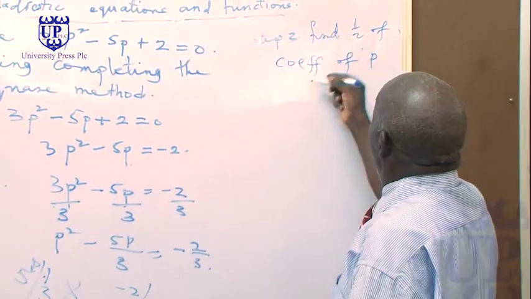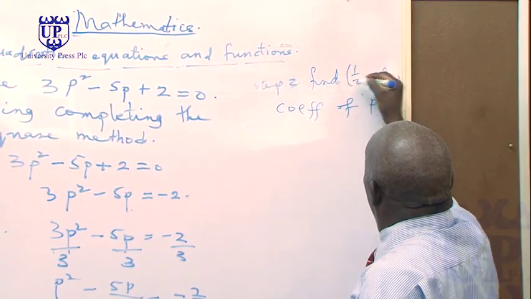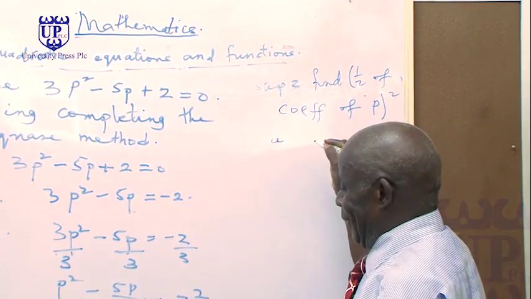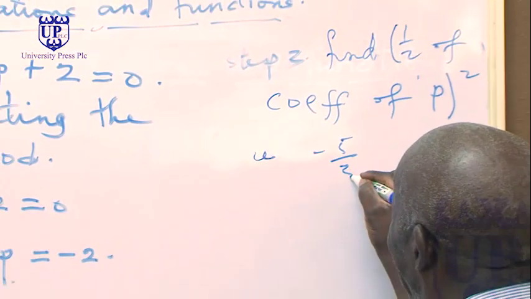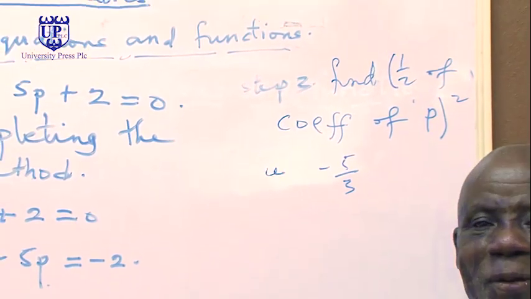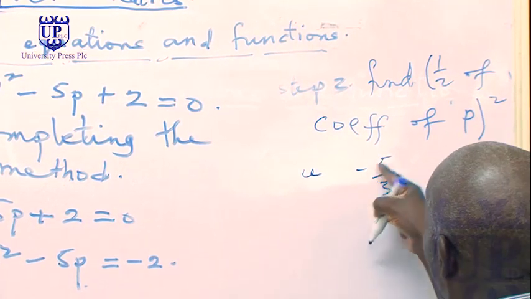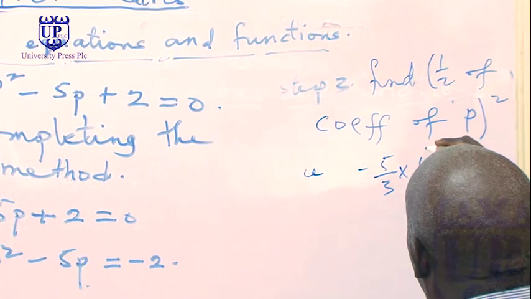Find half of the coefficient of p, then square it. Half of minus 5/3 is minus 5/3 multiplied by half, all squared.